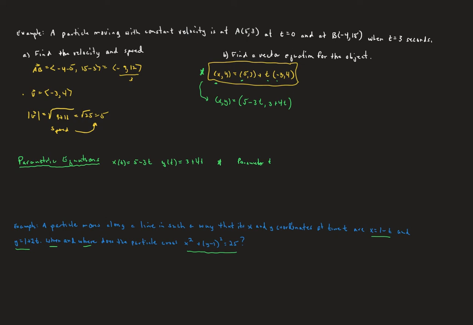So to do that, we're going to solve the when part first. We're going to solve for t. Sorry about that, I can actually just plug these in for the x and y.